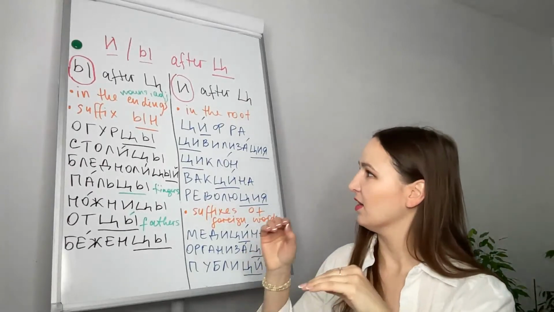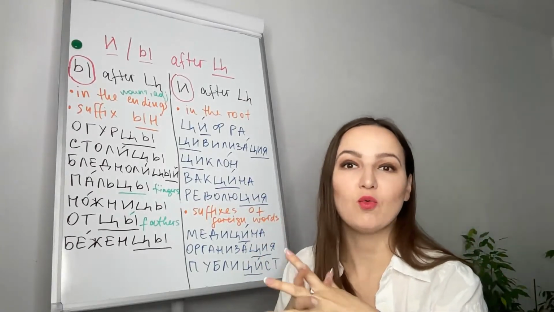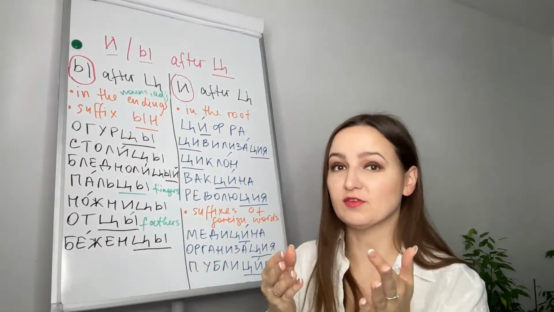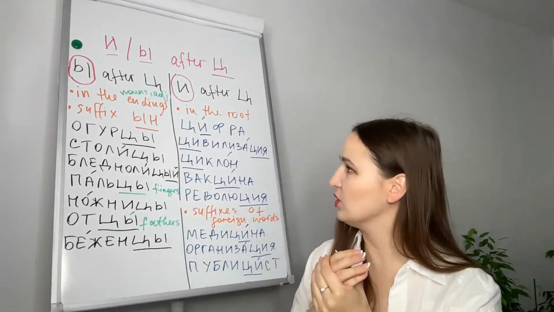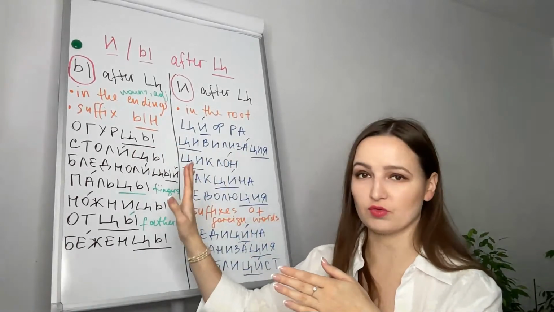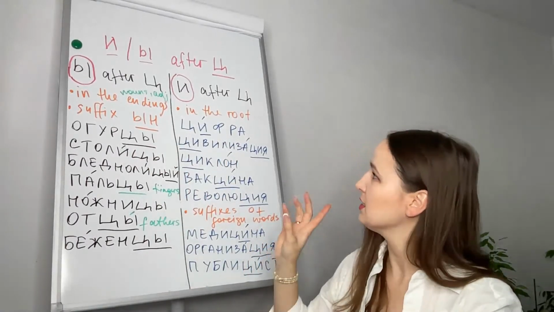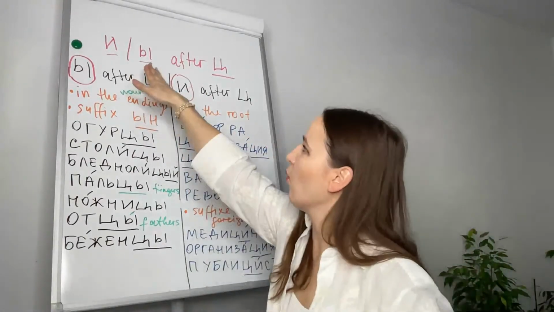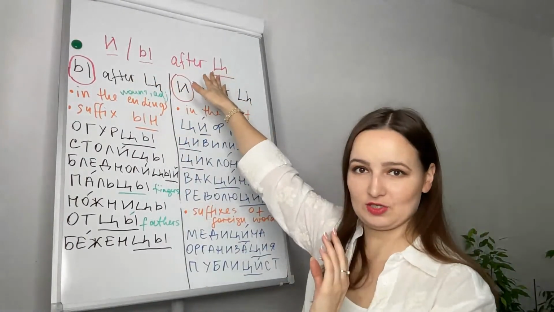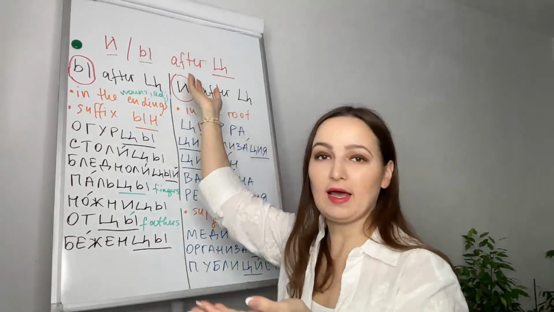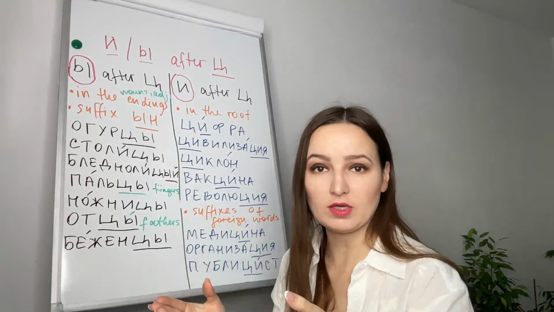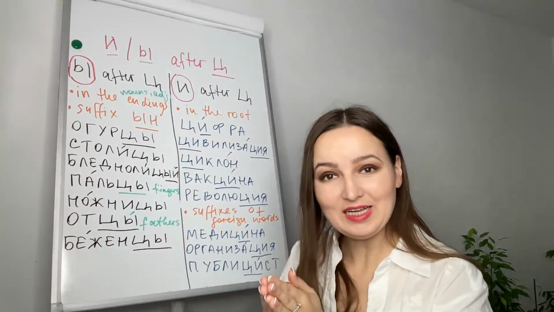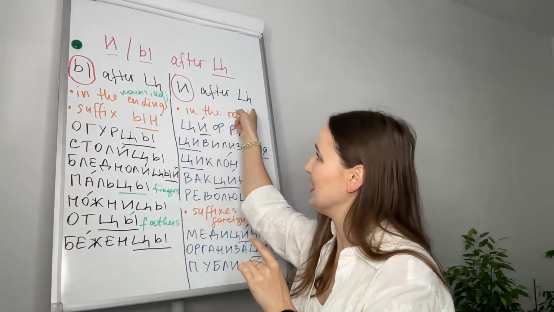Exceptions are when we have a rule, but we do not follow it. We have some words in the Russian language that we don't write according to these rules. I will show you those words. So, И or Ы after the letter Ц. Why do we have this issue? Because in almost all cases we hear Ы, but we have to write И.